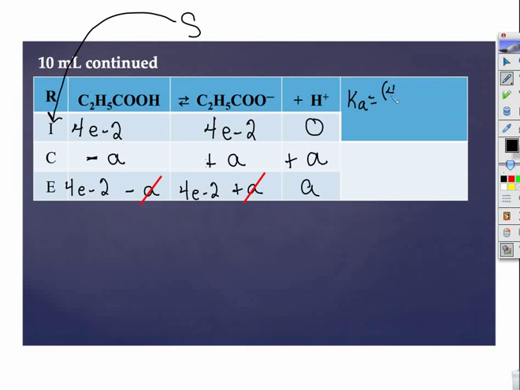Okay? So I'm going to end up with 4 times 10 to the minus 2 here times A over 4 times 10 to the minus 2. Those cancel, and all you have to do is state that. You didn't have to do any of that other work if you recognized it.